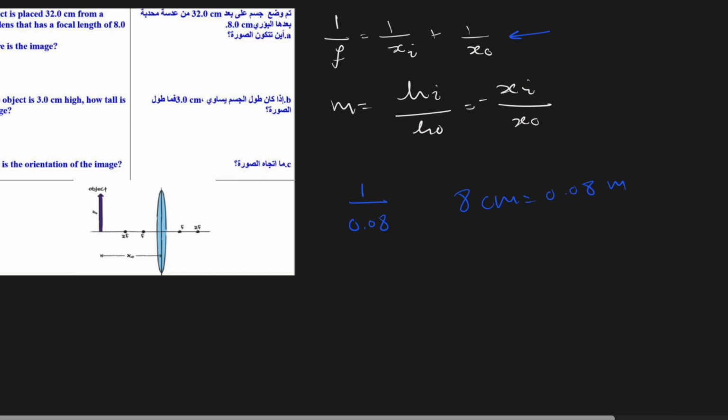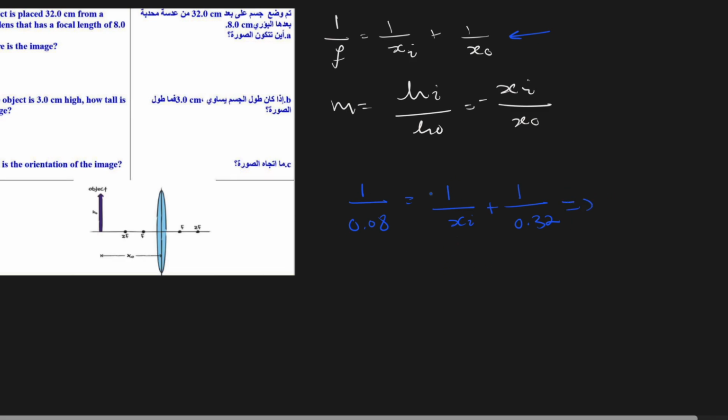So 1 over 0.08 is equal to 1 over x of the image, which we don't know, plus 1 over x of the object. What is x of the object? It's placed 32 centimeters from the convex lens, so it's going to be 0.32. And let's solve it.